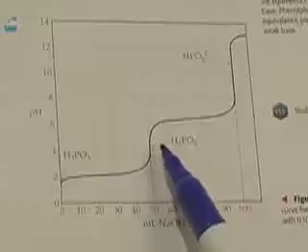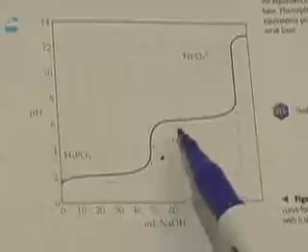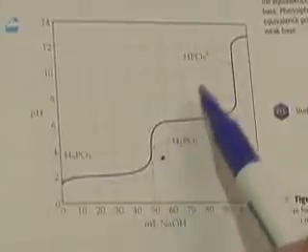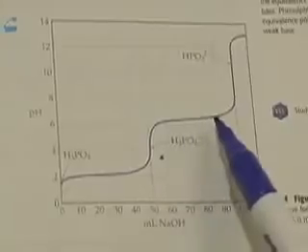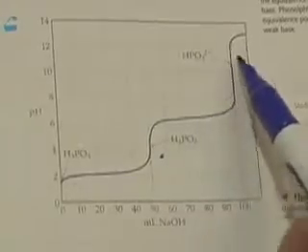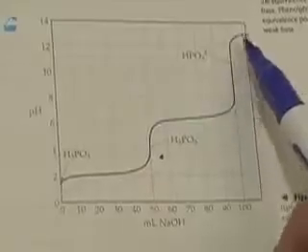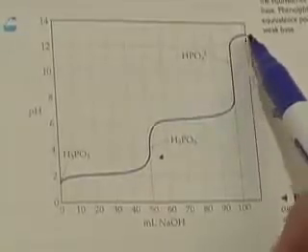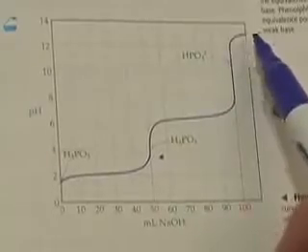Then it becomes a mix of H2PO3- and some HPO3 2- right in here, and is another buffered solution right here. And then of course it jumps quickly again right here, until we form all HPO3 2-.